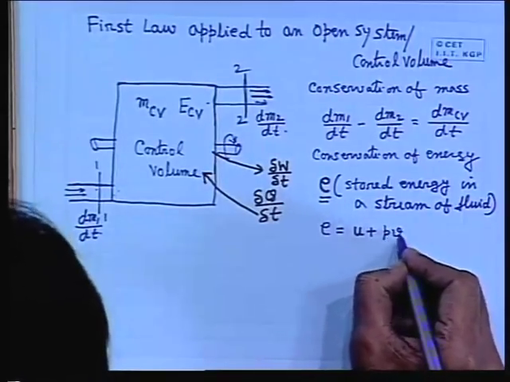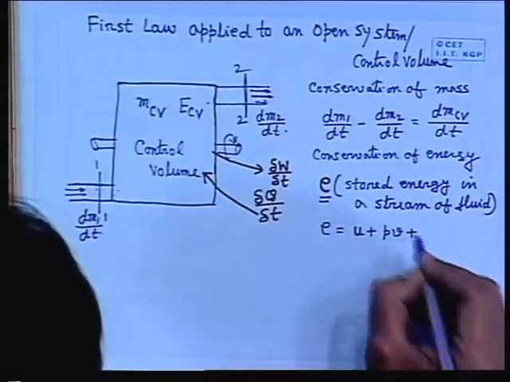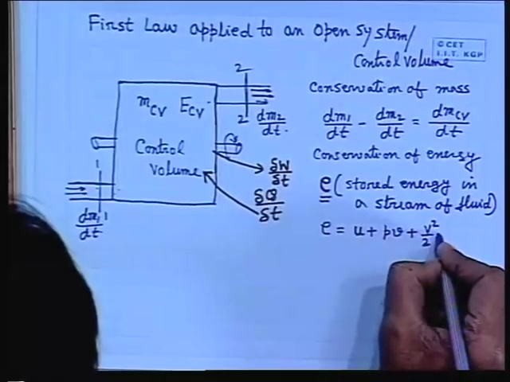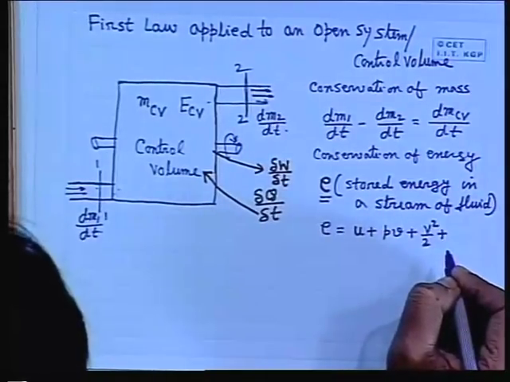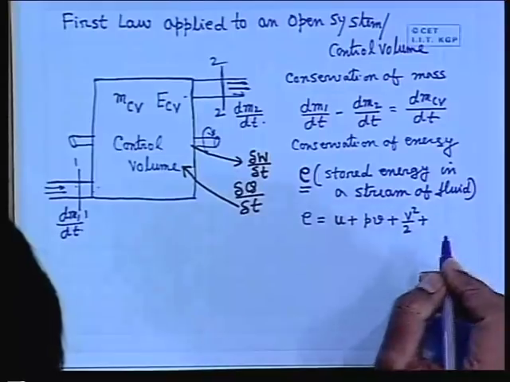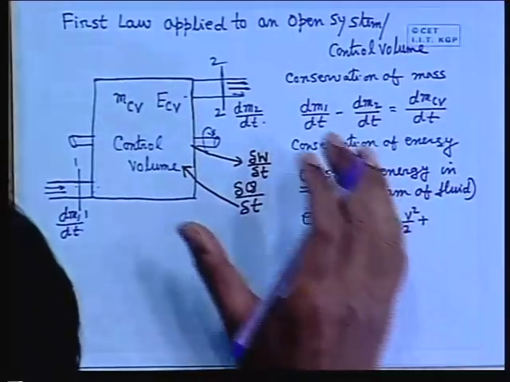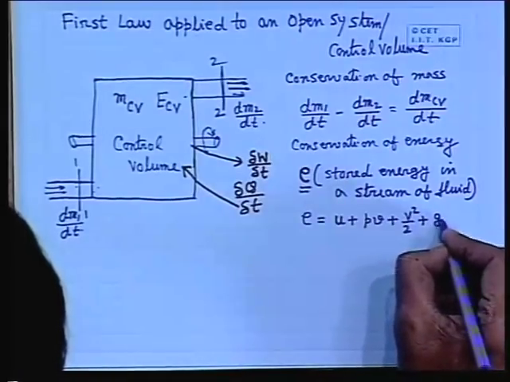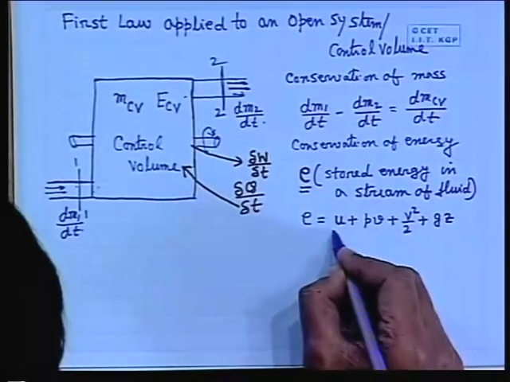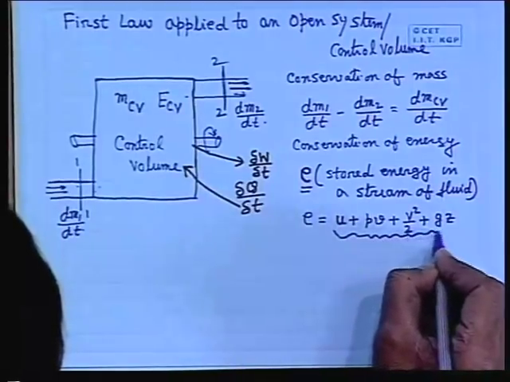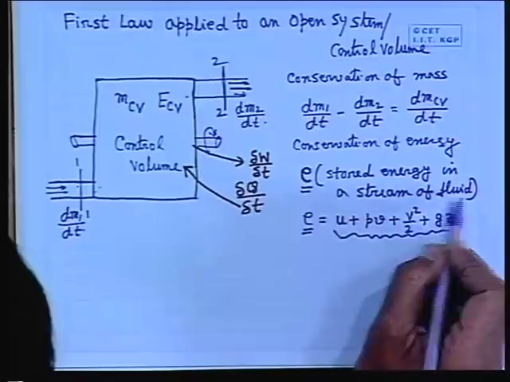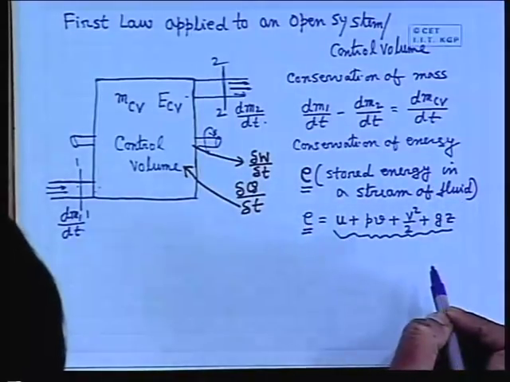In fluid mechanics we deal with it as P by rho, plus the kinetic energy as you told, V square by 2, plus potential energy. Here we consider only the Earth's gravitational field as the body force field. There is no extra body force field imposed on the fluid, so that we write gz. That means this total sum of these four quantities represents the energy stored per unit mass in a stream of fluid and designate it as E.